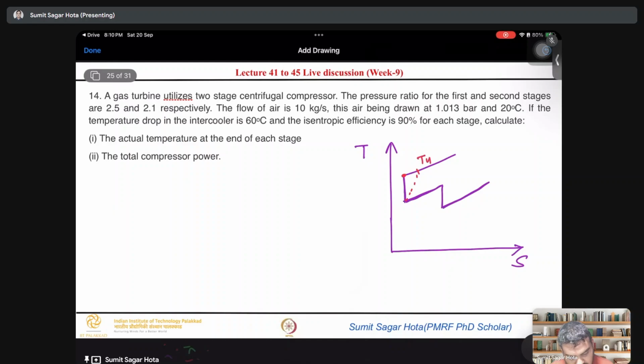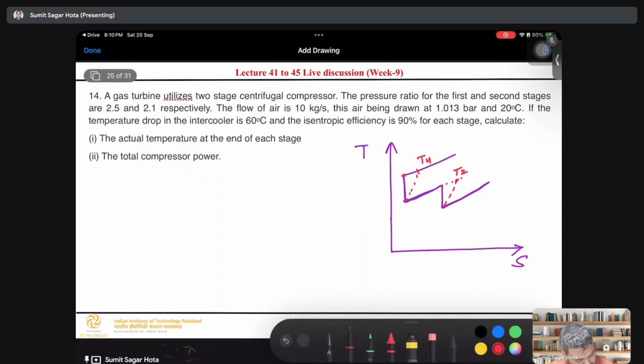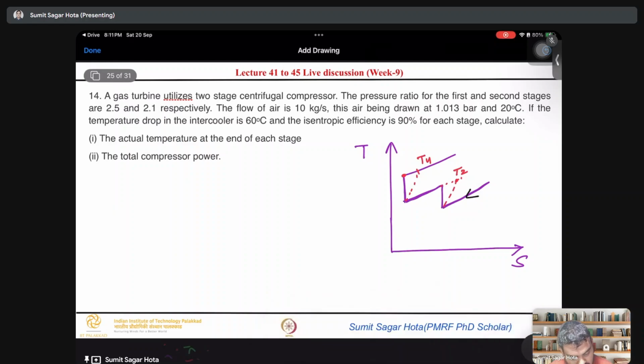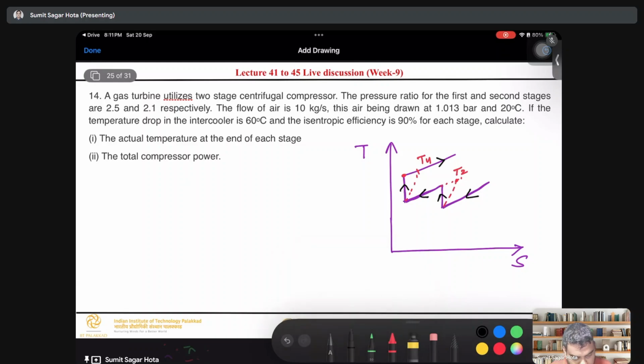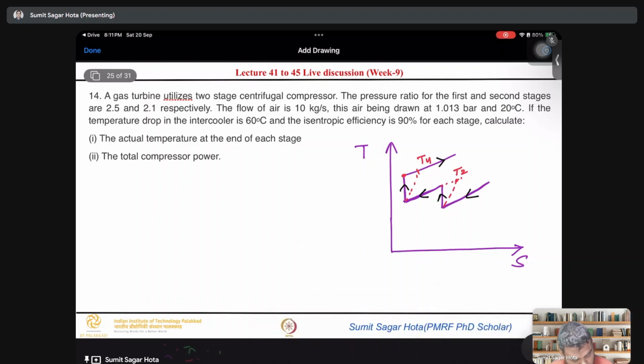This is your T4, this is your T2. So P1 T1, and this is your P2 and T2S.